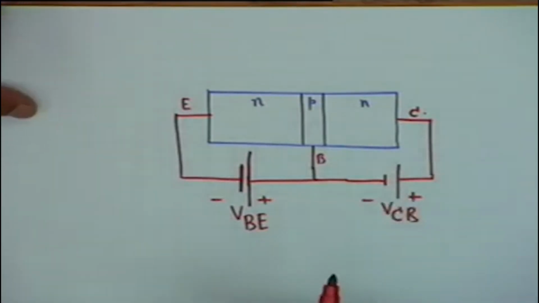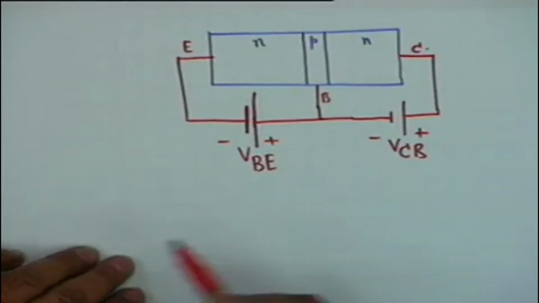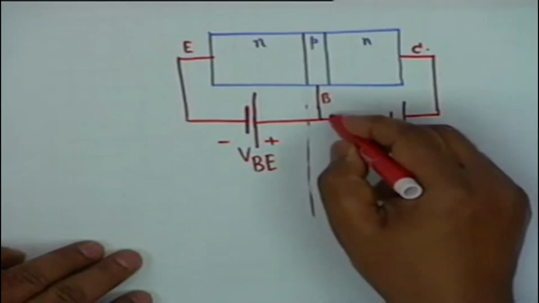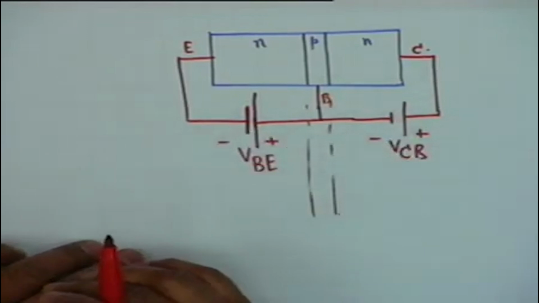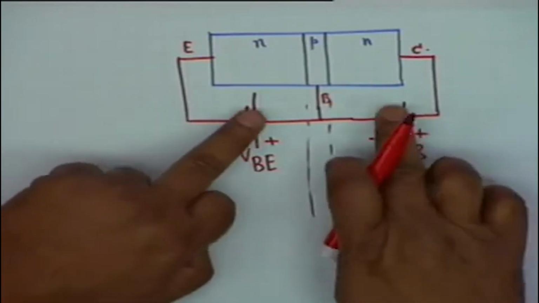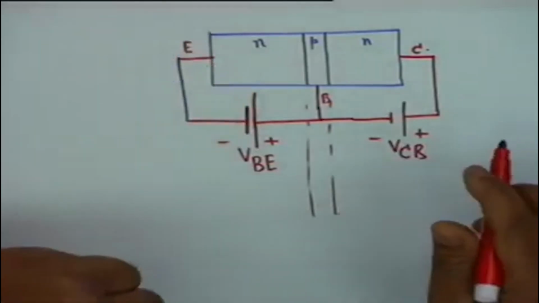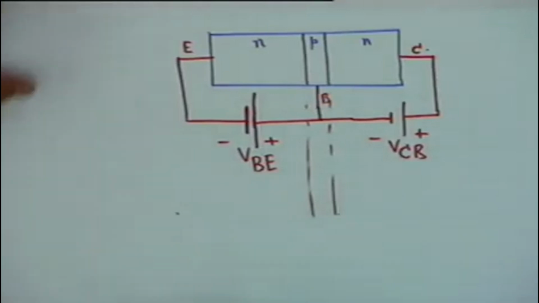Now, if you look at the potential barrier, there are two junctions, NP and PN. Normally, when there are no biases, suppose these two terminals are not connected and the transistor is left open circuited, let me draw it in a separate sheet.